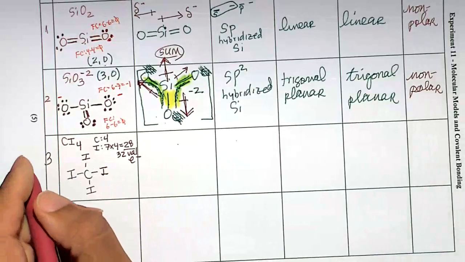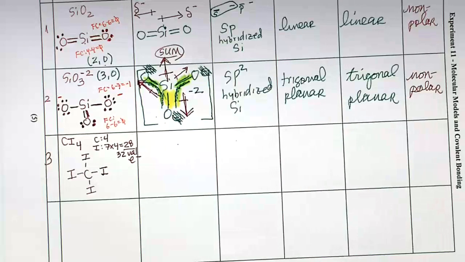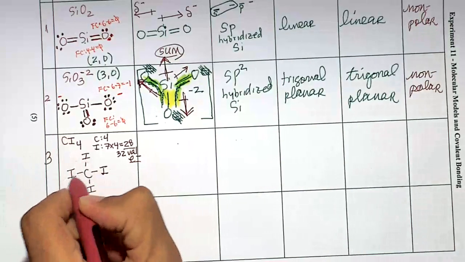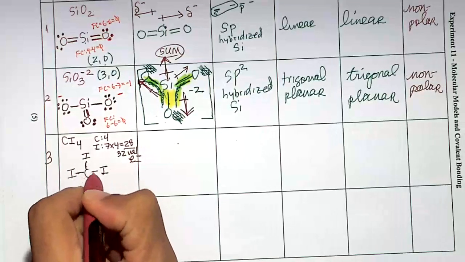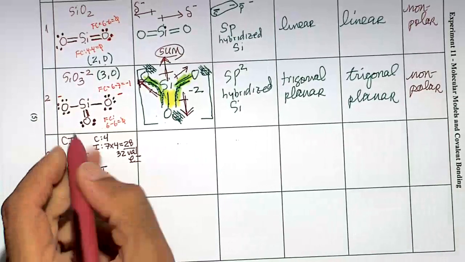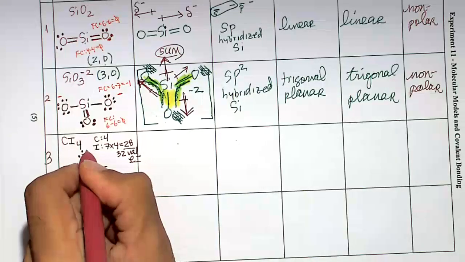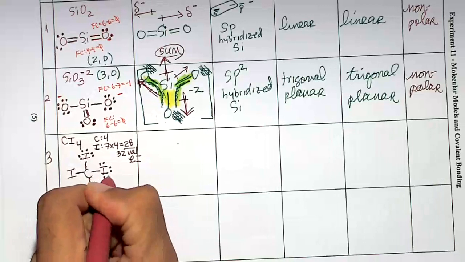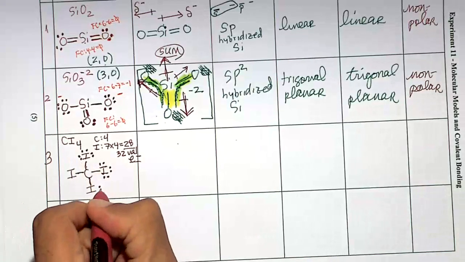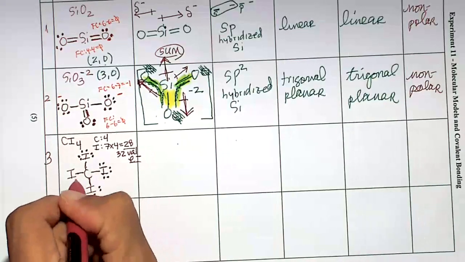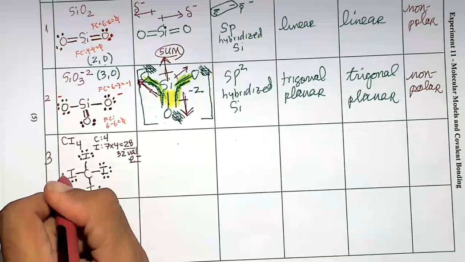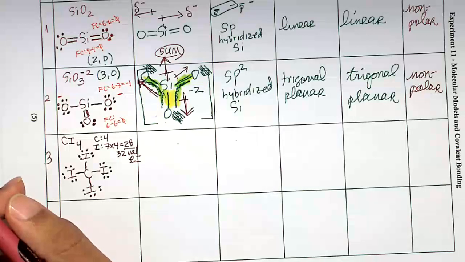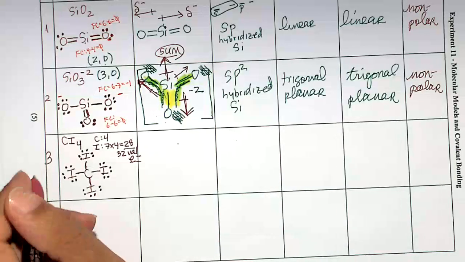Let's fill out the rest with electrons, realizing we need to be at 32. 1, 2, 3, 4, 5, 6, 7, 8, 9, 10, 11, 12, 13, 14, 15, 16, 17, 18, 19, 20, 21, 22, 23, 24, 25, 26, 27, 28, 29, 30, 31, 32. It works out nicely. 32 valence electrons.